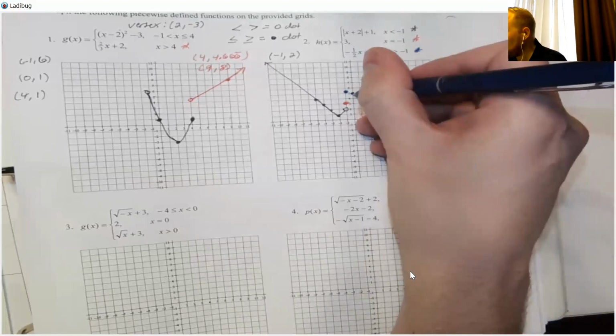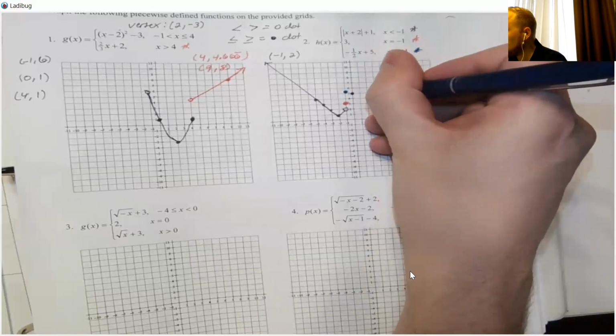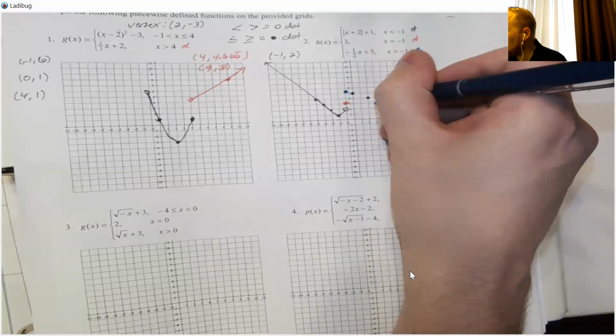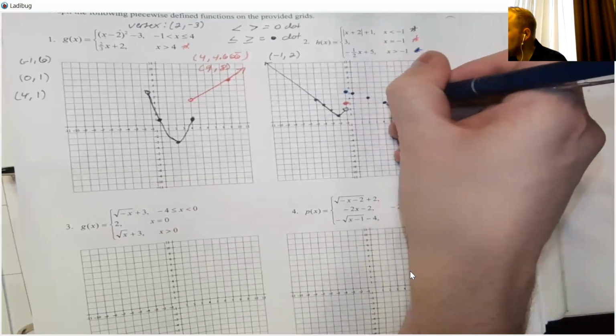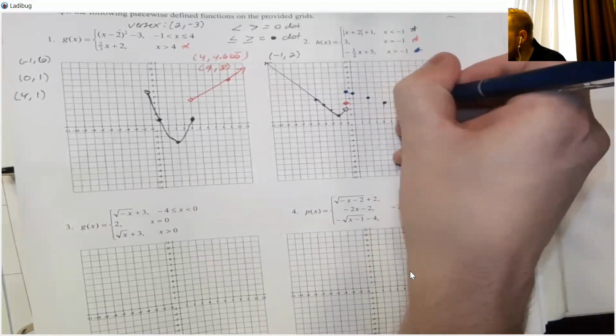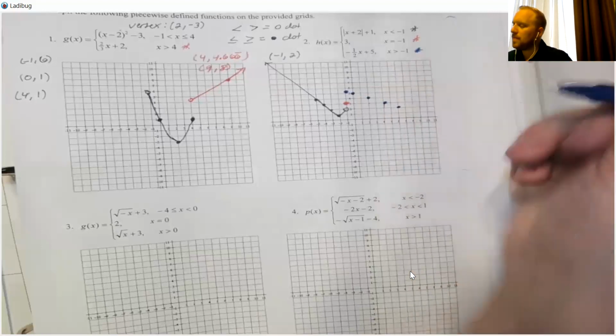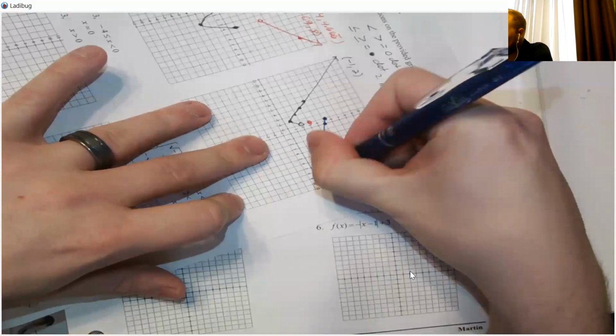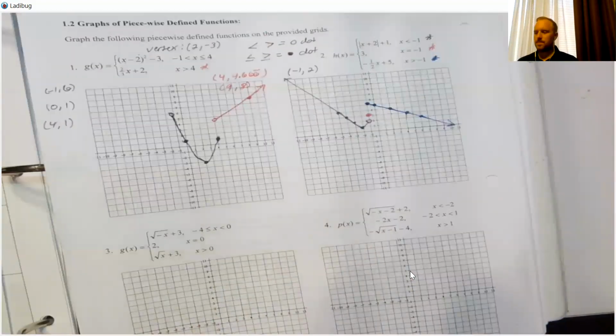So we're going to go down 1 and then over 2. Down 1 over 2. And then we're going to extend our line all the way through. Just like that. And we're done with our piecewise.